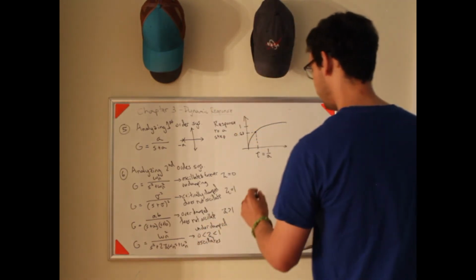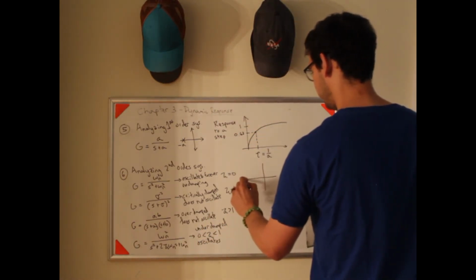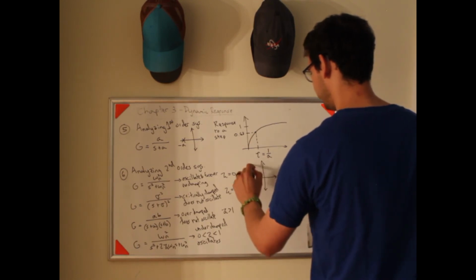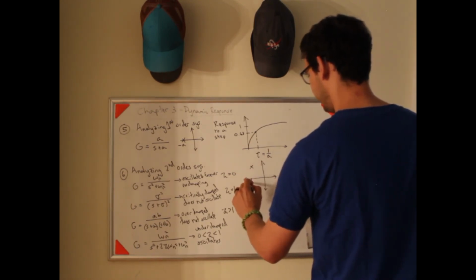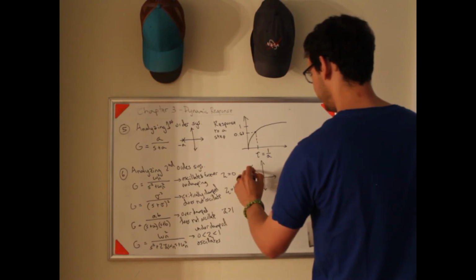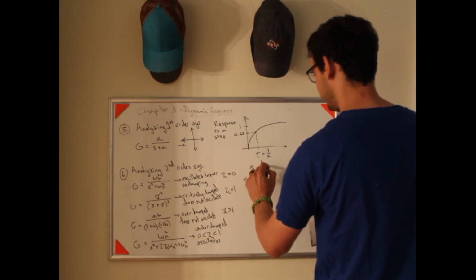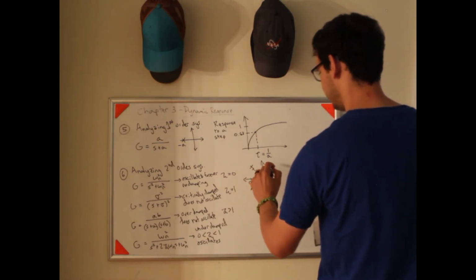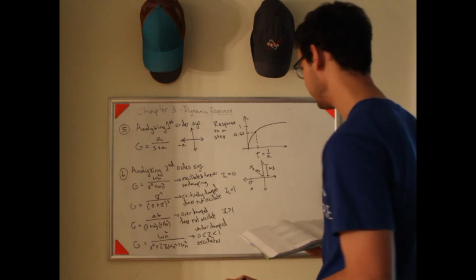Okay? So my poles for an underdamped system are here and here. This is sigma. This distance here is the natural frequency. And this distance here is the damped natural frequency.